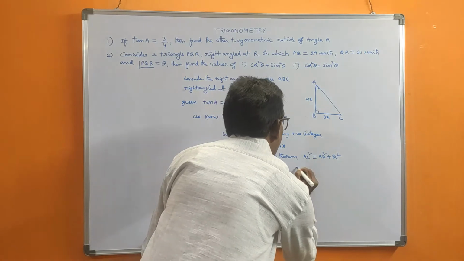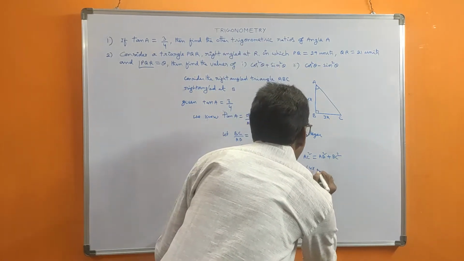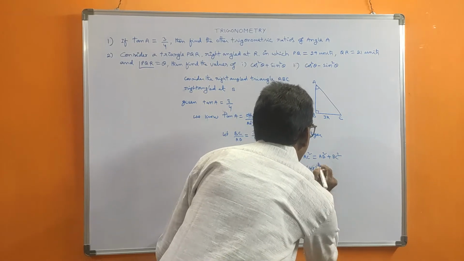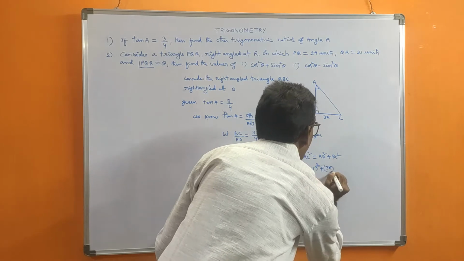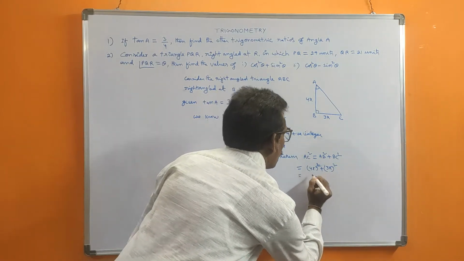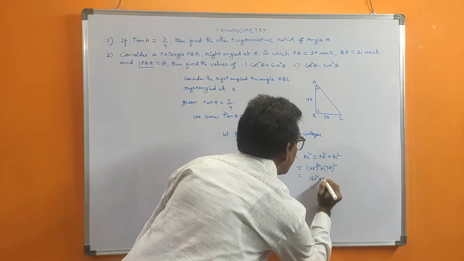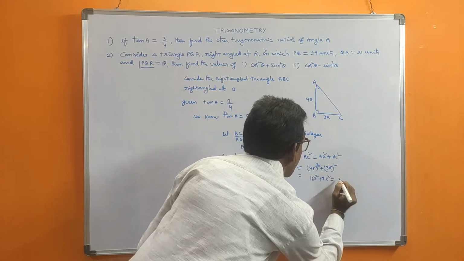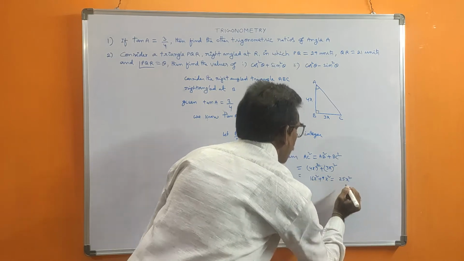By substituting the values, AB value is 4x whole square plus BC value 3x whole square. Now 4 square is 16x square plus 3 square is 9x square, that is 16 plus 9, 25x square.